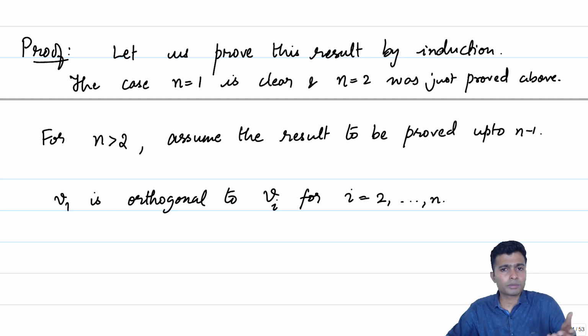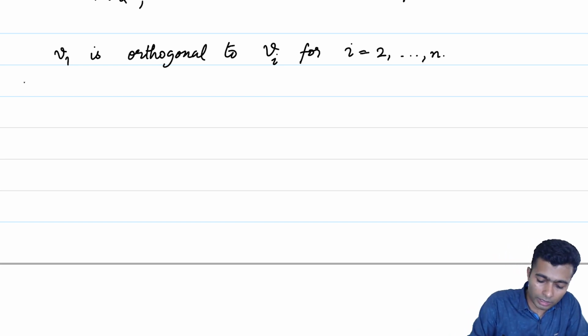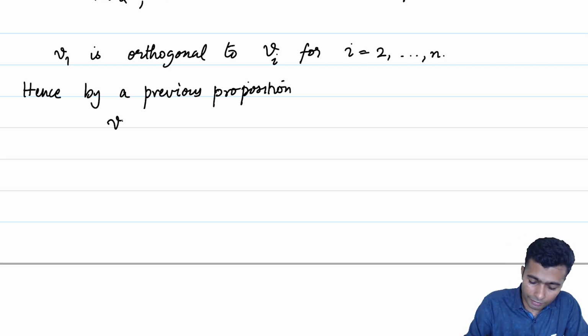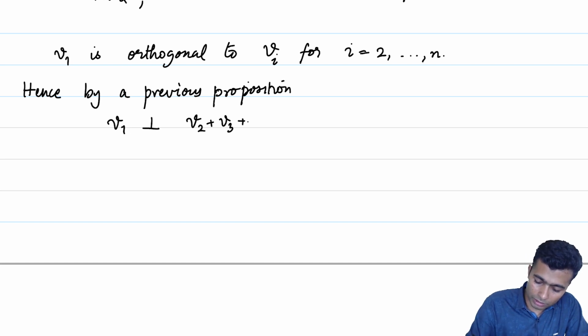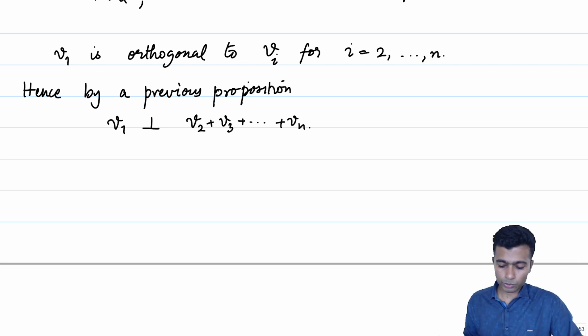And by what we just proved a few minutes back, if you have a vector which is orthogonal to a collection of vectors, then it will be orthogonal to any linear combination. So in particular, hence by a previous proposition, let me use the symbol for orthogonality, V1 is orthogonal to V2 plus V3 plus up to Vn, because it's orthogonal to each of V2, V3 and so on.